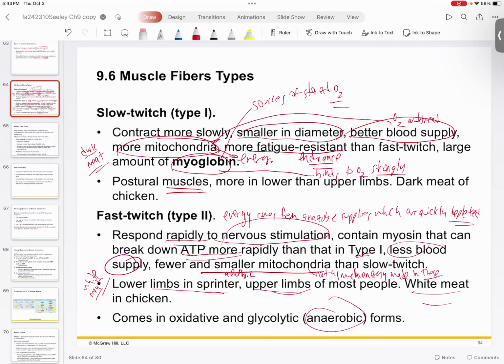So normally when you're working out, there's certain types of activities that you utilize. For instance, if you're playing football, when you're running a play, the wide receiver is running and running fast. It's a sprint, right? So the wide receiver is mostly using fast twitch muscles.